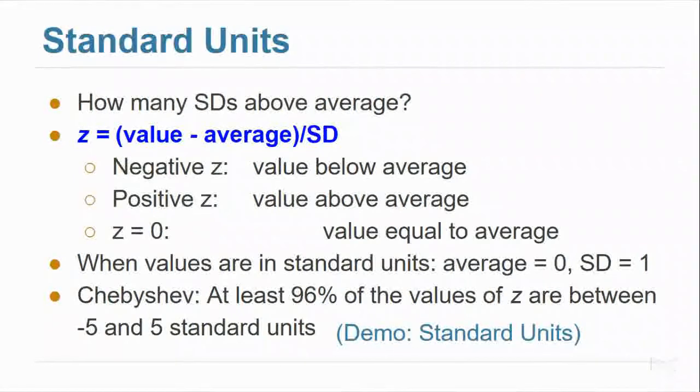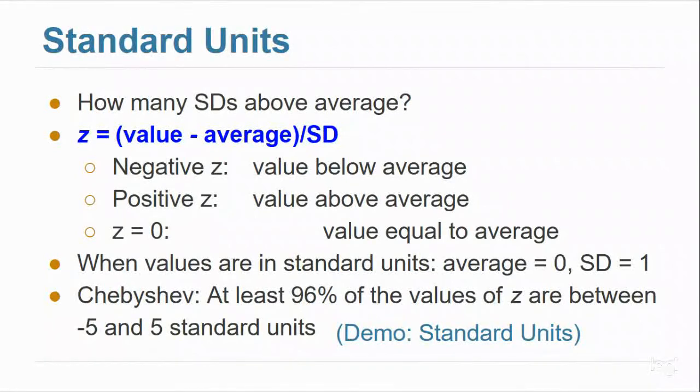A negative z-score indicates that your value lies below the average. A positive z-score indicates that your value lies above the average. And z equal to 0 tells you that your value is exactly equal to the average. When values are in standard units, the average z-value is 0, and the z-value corresponding to one standard deviation is 1.